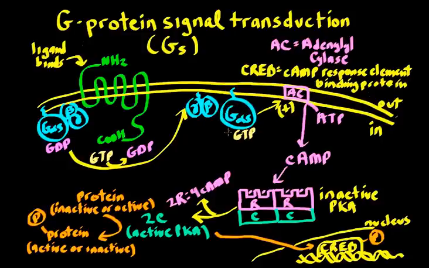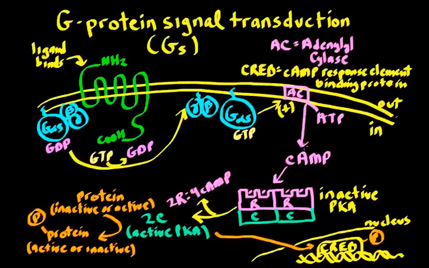And when it's bound to GTP, it's in the active state, and its target in this case is going to be adenylyl cyclase, and that's abbreviated AC. It's a membrane-associated protein, and when GS activates adenylyl cyclase, it takes ATP and cyclizes it, releasing a phosphate, creating a phosphodiester bond, making cyclic AMP.